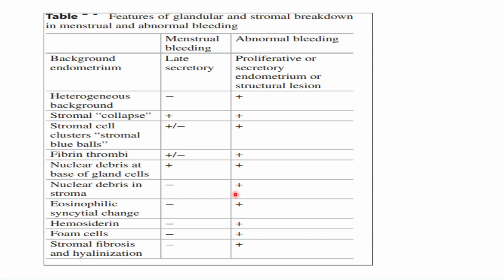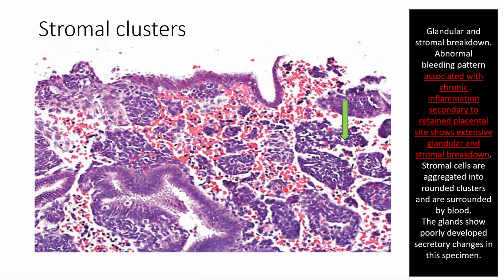Nuclear debris in stroma is mostly present in abnormal bleeding. Eosinophilic syncytial change, hemosiderin-laden foam cells, stromal fibrosis and hyalinization are mostly present in abnormal bleeding and absent in menstrual bleeding. Now let's see all the morphology one by one.